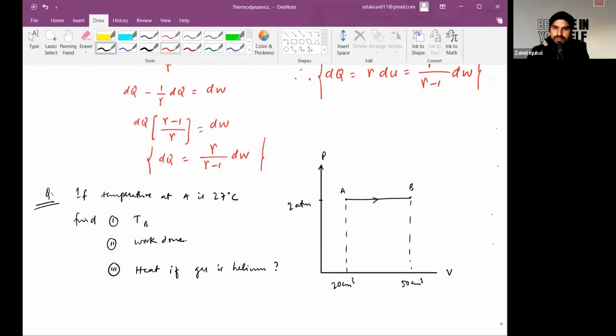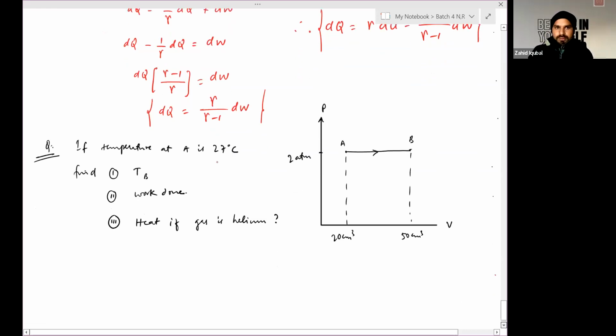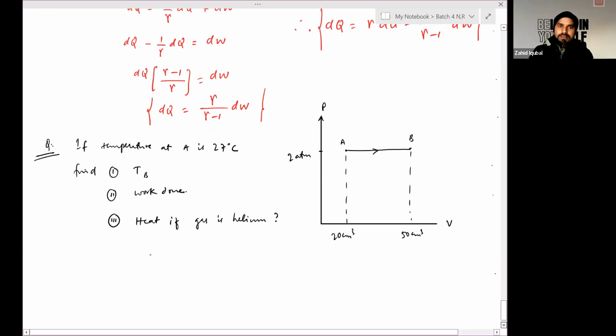Let me give you a hint on how to approach this part. First, we have the temperature at A, so convert it into Kelvin. Temperature at point A will be 273 plus 27, that is 300 Kelvin.